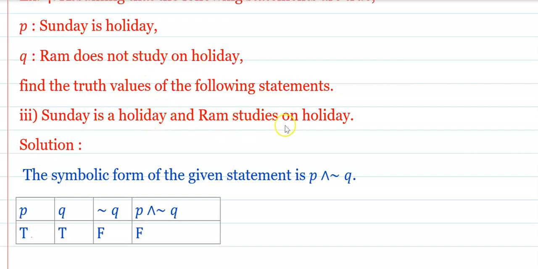But here Ram studies on holiday, but in what we have considered there is a not. Therefore it is negation of Q here. Therefore P and negation of Q. P is true and the negation of Q is F. T and F is F. Therefore the truth value of the given statement is false.